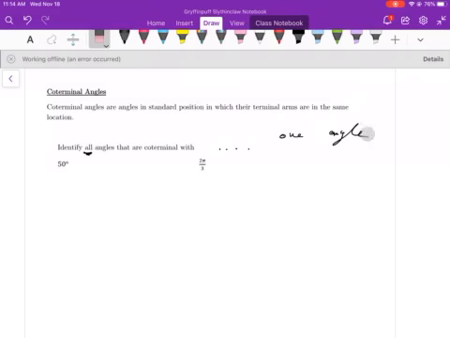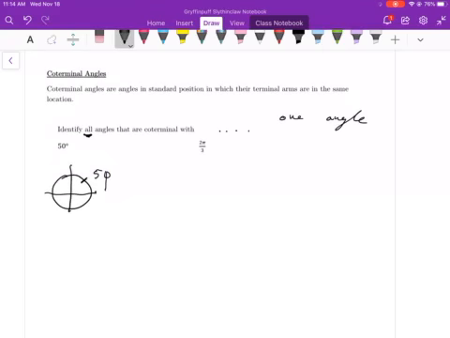So I don't really know, but guess what I'm going to do? I'm going to draw my unit circle. I'm going to identify that point as being 50 degrees. So if that point is indeed 50 degrees, what is another angle that is coterminal that will have the same terminal arm?